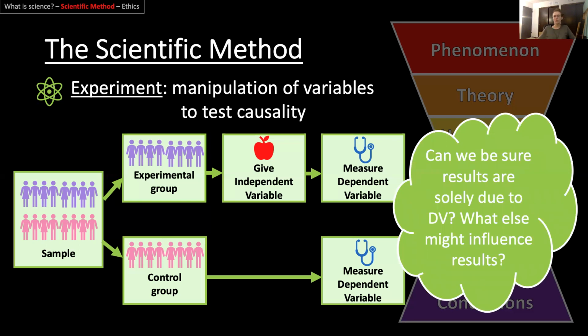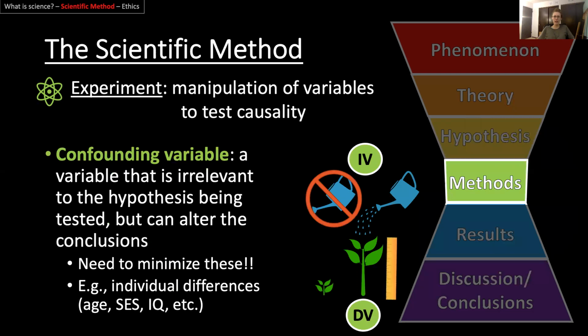So one thing to consider is that I've got entire groups made up of similar people. So there might be more to this story that we're not considering. What we call confounding variables, or variables that are irrelevant to the hypothesis we're testing, but secretly alter our conclusions.